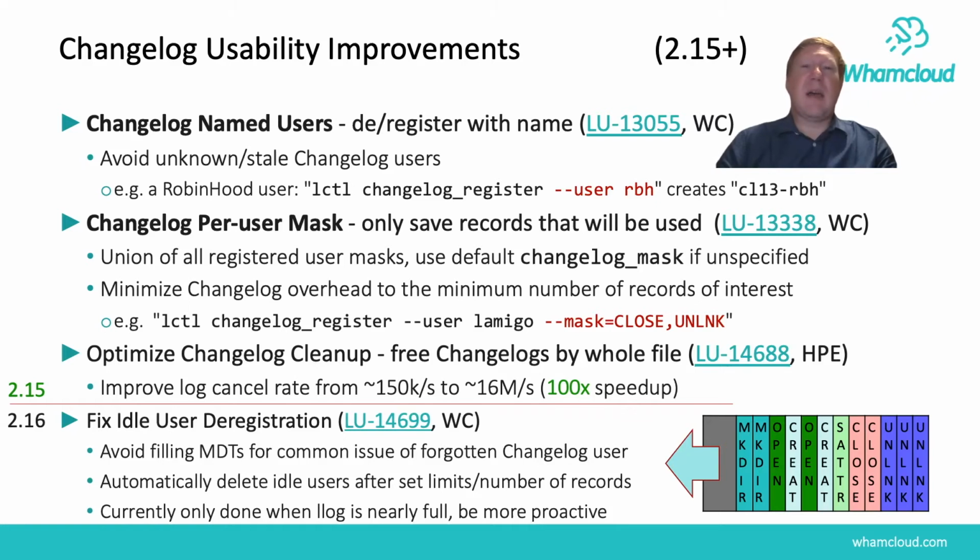Another interesting patch that's quite useful from HPE in this area is to improve the cancellation of changelog records. Previously, when a user was being deregistered, a forgotten changelog user, the records were being cleared on a per record basis, and that might take hours or days if there's millions or billions of records that were left behind.